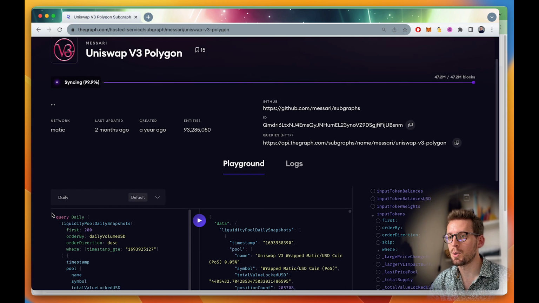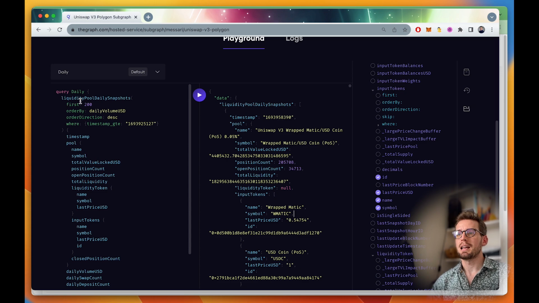I built this query which basically looks at the liquidity pool daily snapshot. It takes the first 200 ordered by daily volume, so we're looking at the liquidity pools on Uniswap Polygon which have the highest daily volume, and I'm filtering on today's data, and then I'm pulling loads of stuff. You can actually get quite a lot of useful data from this graph.